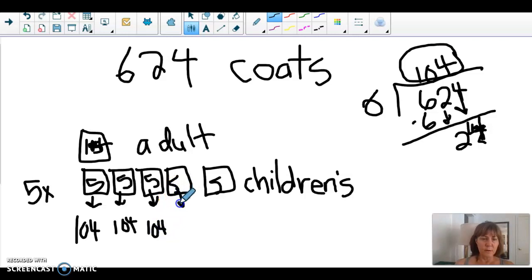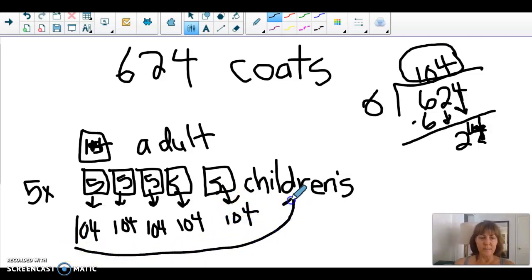This one's worth 104. And this one's worth 104. So this is how many children's coats. All of this is how many children's coats. And 104 is how many adult coats. So if there were 104 adult coats ordered, how many children's coats?